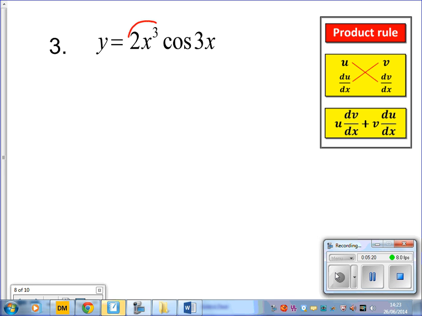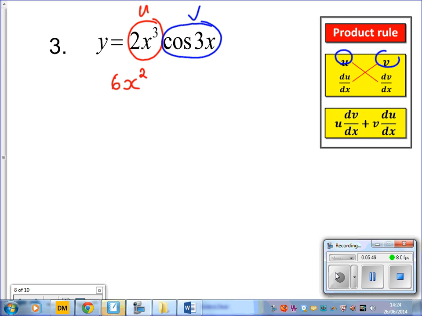Question 3. I'll have this part as my u, and this part as v. That's here and here. So to start with then, if I differentiate the u part, 3 times 2 is 6, take 1 off the power, 6x squared.